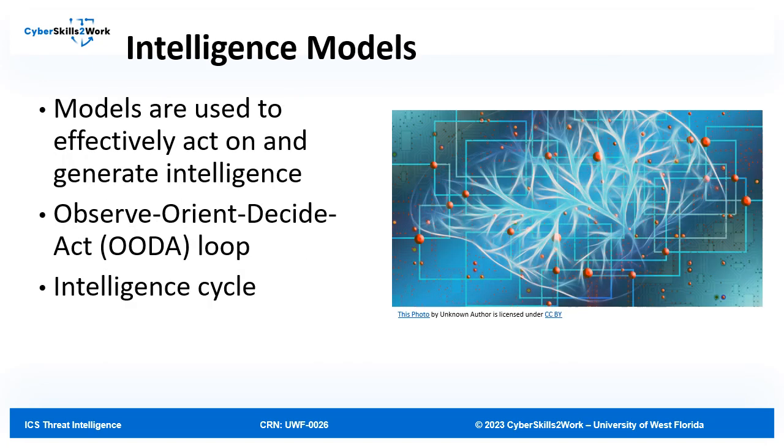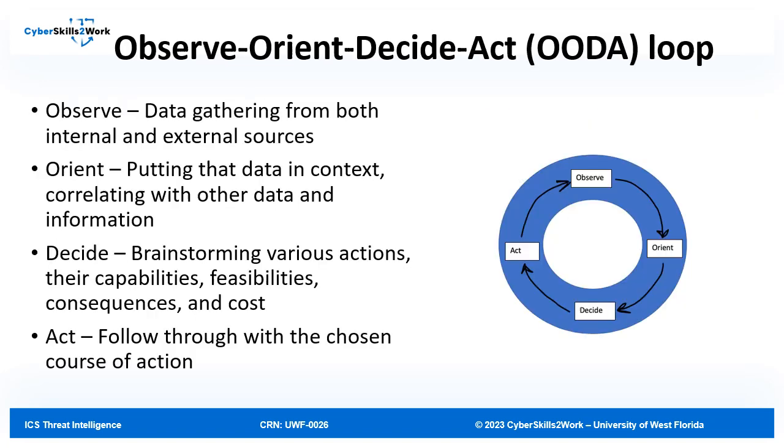Models are used to effectively act on and generate intelligence. Two models that will be discussed are the observe, orient, decide, act, or OODA loop, and the intelligence cycle model. In the OODA loop, observe stands for data gathering from both internal and external sources.